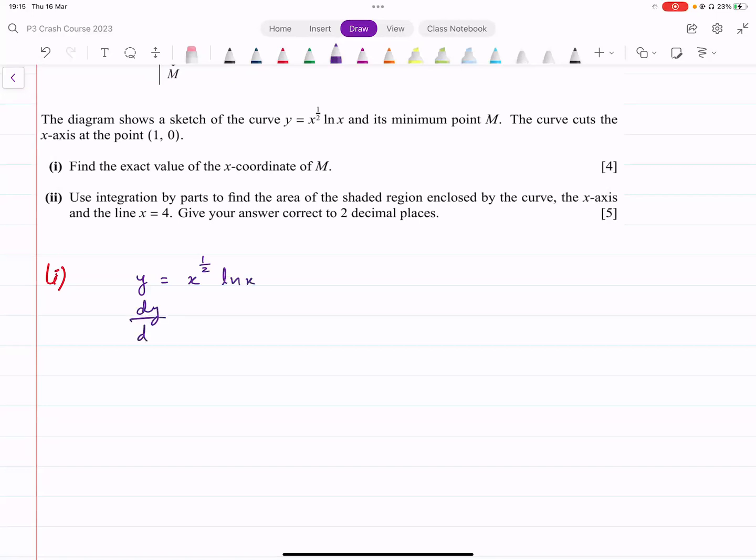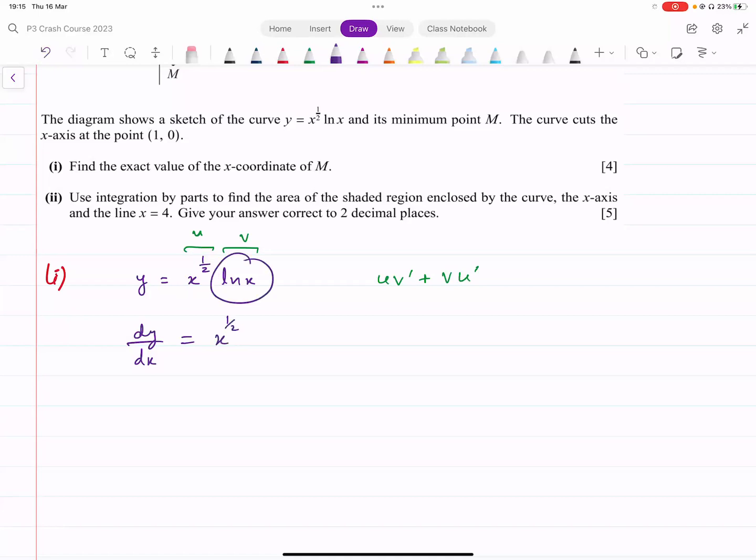It becomes dy over dx equal to, it's a product, right? How do you differentiate products? You have to use the product rule. Let's say this is u and this is v. The derivative would be u v dash plus v u dash. All right, let's just apply that. We keep u as it is first of all, so it's x power 1 over 2 as it is.